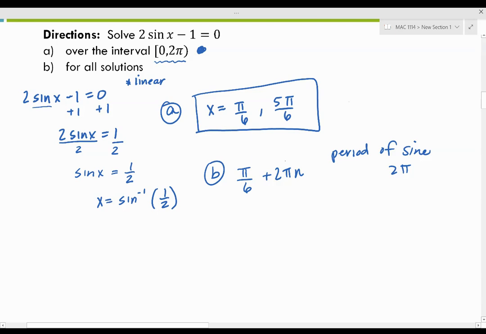But this expression will give me all of the solutions for this particular problem, okay? I'm going to do the same thing with 5 pi over 6. So I have 5 pi over 6 plus 2 pi n, okay? So those two expressions will give me all of the solutions for this problem. So that's the answer for B. Awesome.